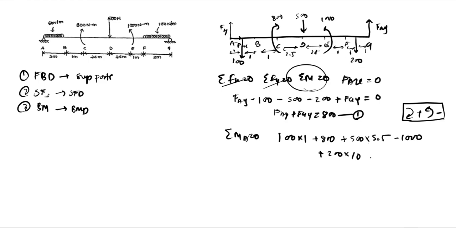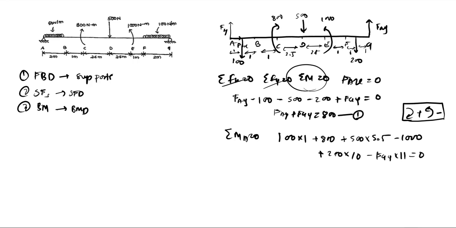So we also have an anti-clockwise movement because of FGY acting in the anti-clockwise direction. That is why we will give it a negative sign, and the total distance is 11. So you can solve this equation and we will get the value of FGY. Let us calculate that. We have 800 plus 100, which is 900.